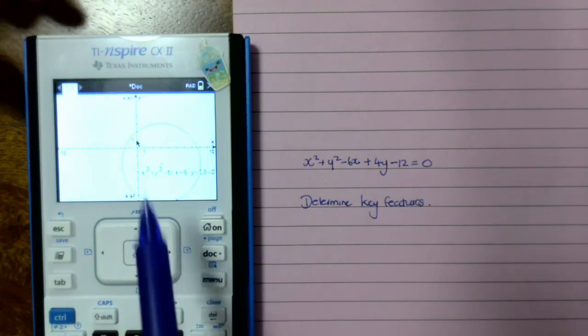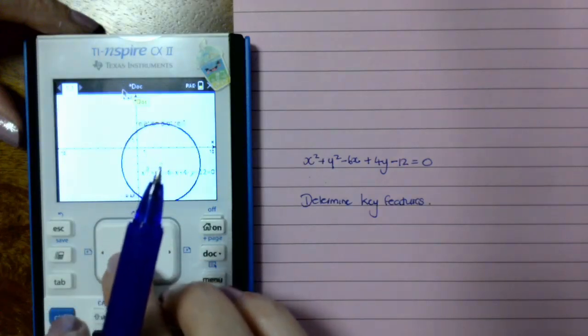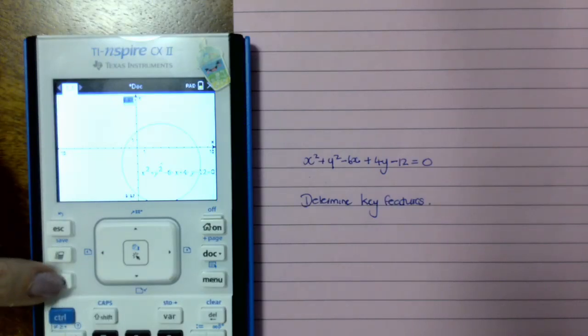Now the problem here is that my window's not quite big enough, so I'm just going to go around and change the Y. It's now at negative 6.67, and I'm going to change it to, let's say, negative 10.